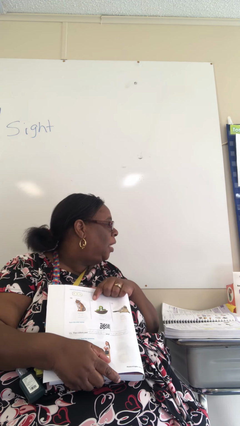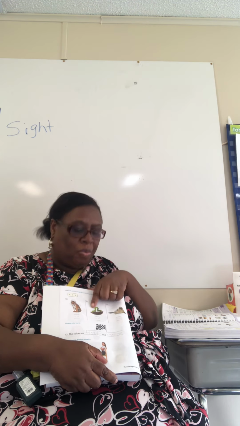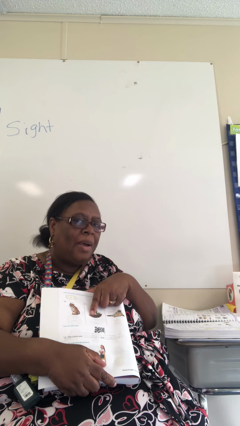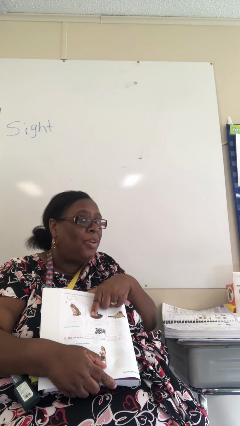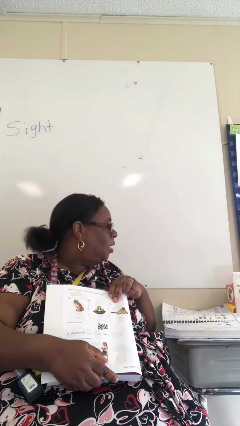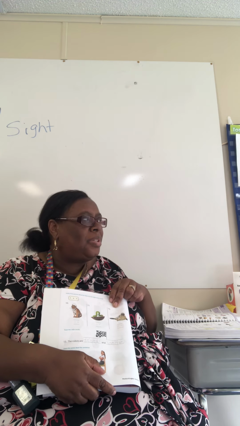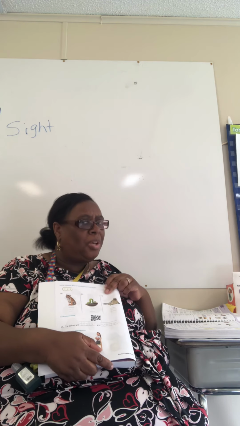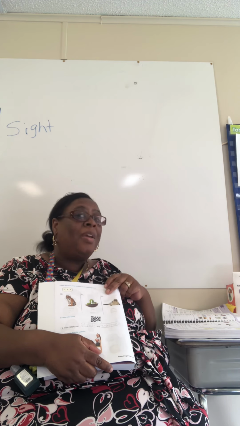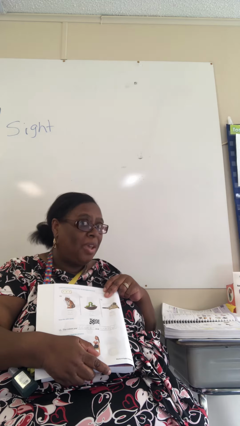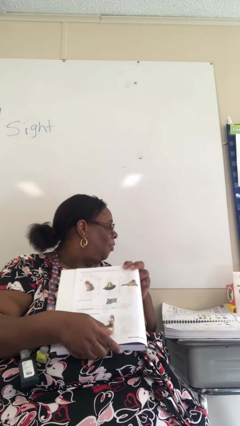You have the inchworm. What will go on that line? I. If you said I, you are correct. And on this line, we have the seal. What do you think goes on that line? If you said S, you are correct.